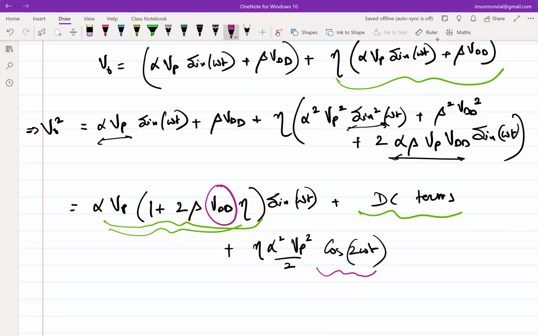So his point was in nonlinear source, if I can control the nonlinearity, which means if I can control eta, then it's possible that I can control this to whatever desired amplitude I want it to be. So in principle, I should be able to suppress this 2 omega component.